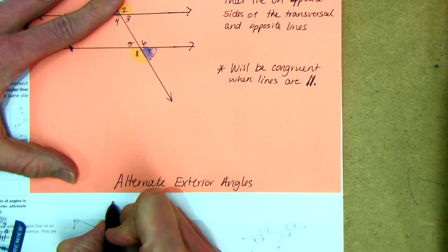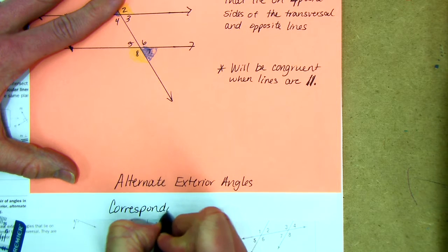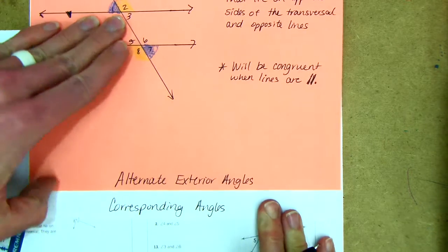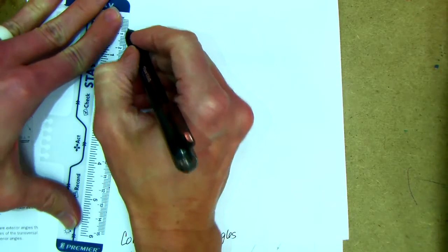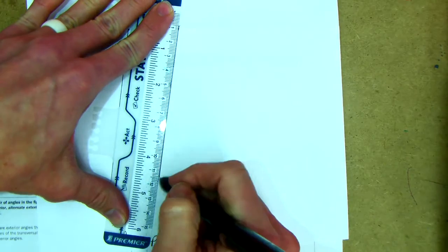I'm going to write corresponding angles. Now again, we need to draw parallel lines. This time, changing it up here, I'm going to draw my parallel lines this way.